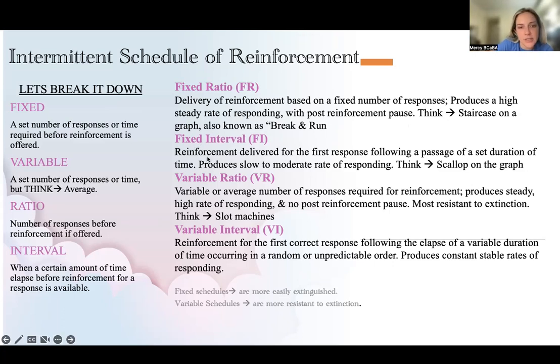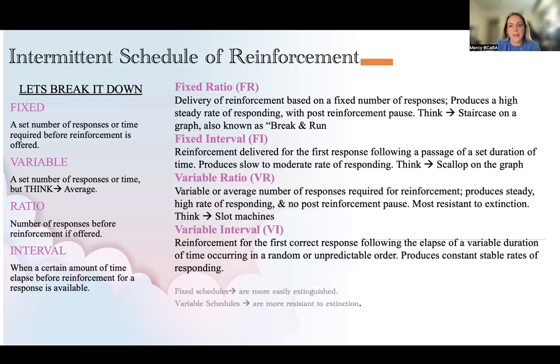Next, we have fixed interval. This is reinforcement delivered for the first response following a passage of a set duration of time. So first, a response occurs, reinforcement, then a passage of a set duration of time has to happen. This type of schedule produces a slow to moderate rate of responding.